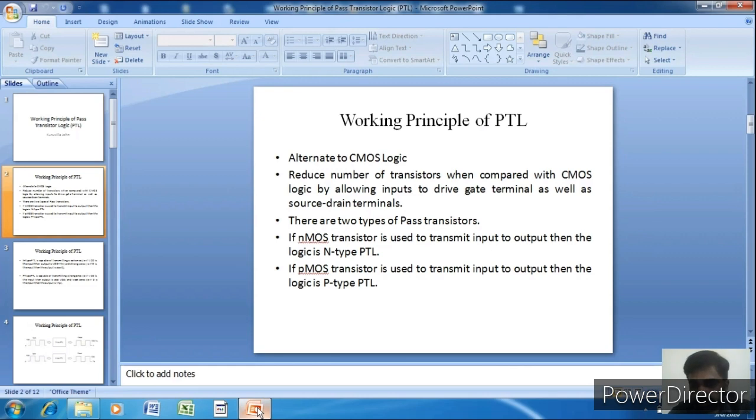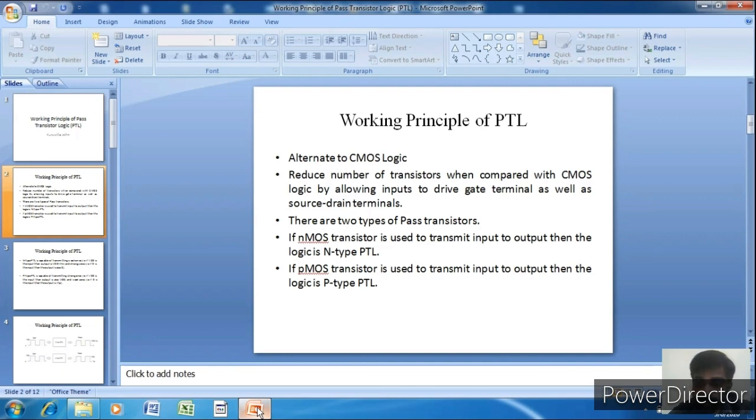And here the main difference between CMOS and this pass transistor logic is that in the case of pass transistor logic, the design consists of either N-type MOSFETs or P-type MOSFETs.